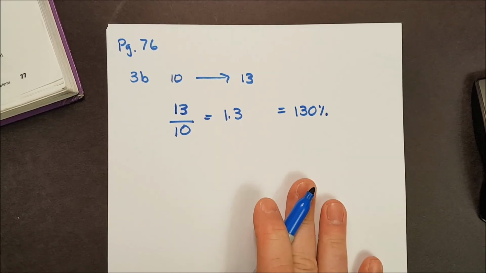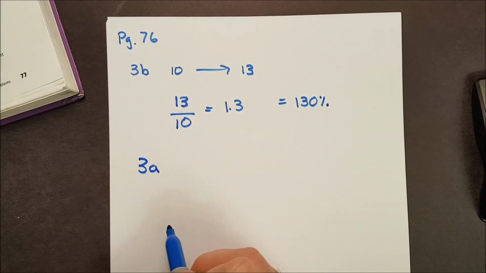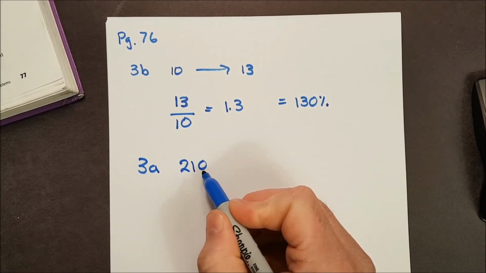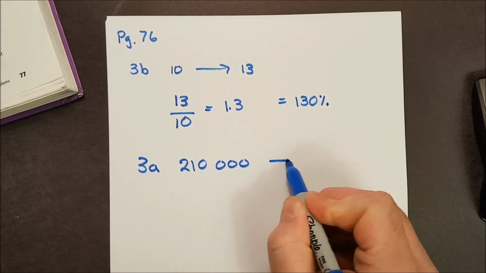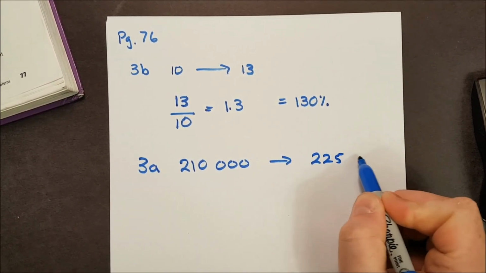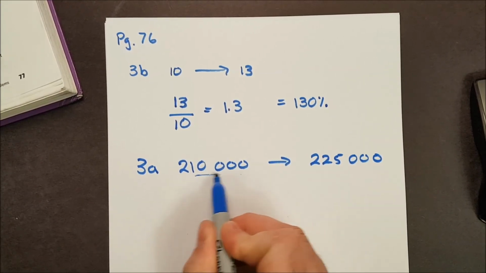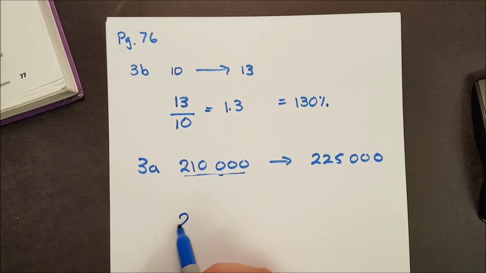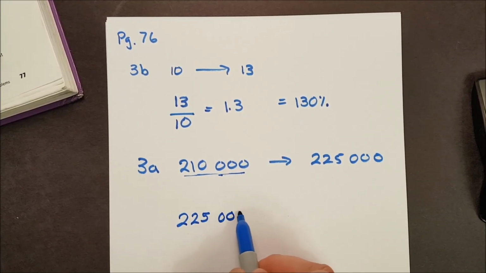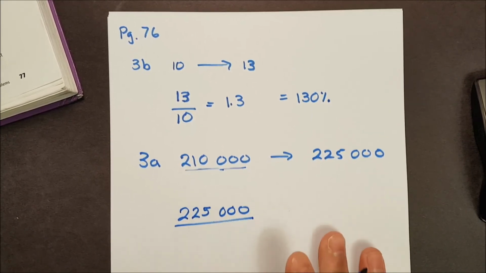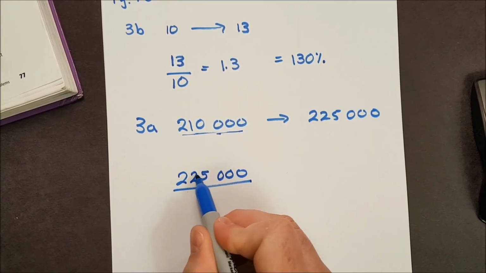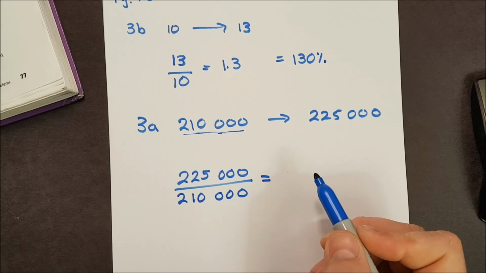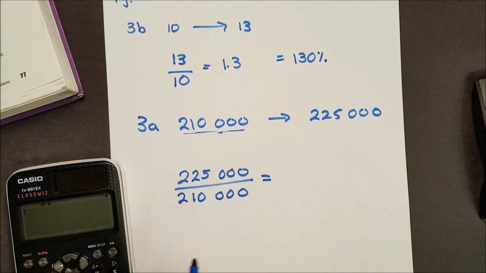Since I'm doing this, let's do 3A. So the house price increased from $210,000 to $225,000. Okay, so this is 100% cost of the house, but it increased over 100%. So we can do 225 all over 210, the numerator over the denominator.